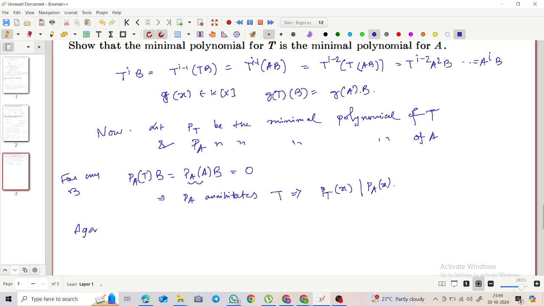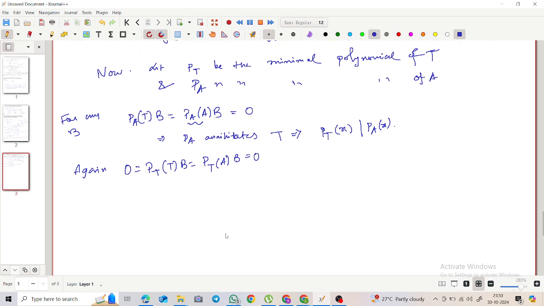Again, p_A(p_T(T) of B) is 0, because p_T(T) is 0, because p_T is the minimal polynomial of T. This is p_T(A) into B, for any B.